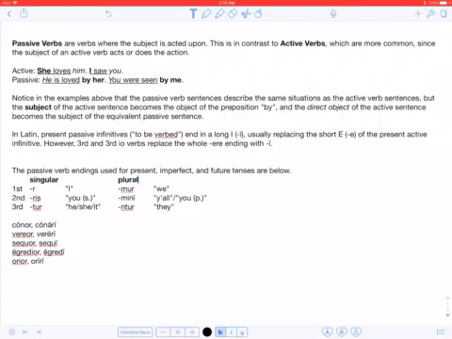All right, let us see. So I saw you. I saw is an active verb. I am the subject. I am the one doing the action, or who was doing the action. Now notice how it goes in the passive. You were seen by me. Okay? So you in the first active sentence was the direct object. That's where the direction of the verb was headed, right?